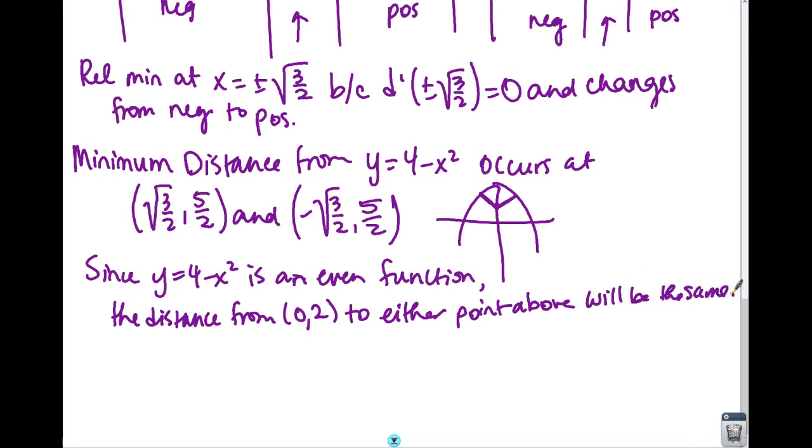Okay, so I hope that makes sense. That was using the first derivative test to find minimum distance.